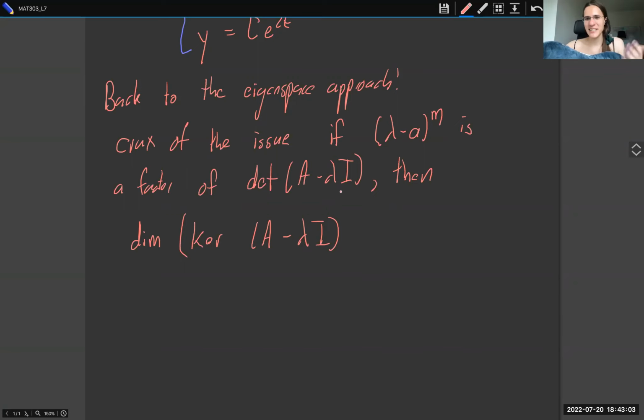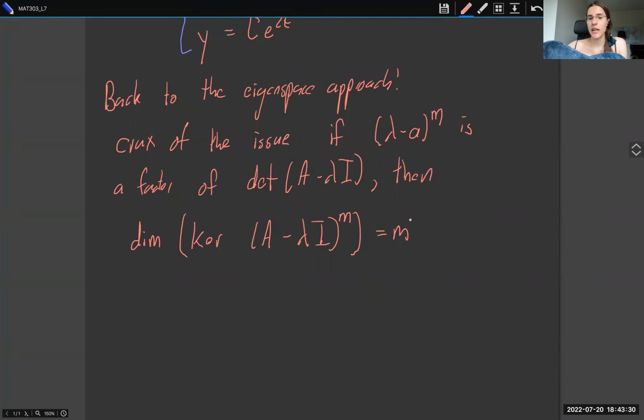So the crux of the issue is that we'd hope that this is equal to m, such that there are m linearly independent eigenvectors. But the problem is that doesn't happen. There aren't necessarily m linearly independent eigenvectors. So what actually happens is that it's not the dimension of the kernel of this thing that's equal to m, but the kernel of this thing to the power of m.